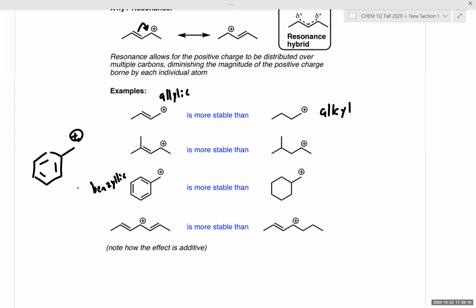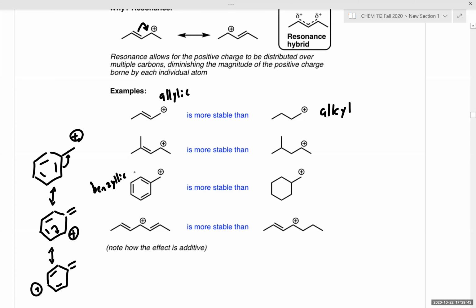So as we note in the chat, we can delocalize this positive charge over at least 7 atoms. Now, of course, these resonance structures are relatively minor contributors, but nonetheless, we are able to heavily stabilize our positive charge via delocalization by resonance.